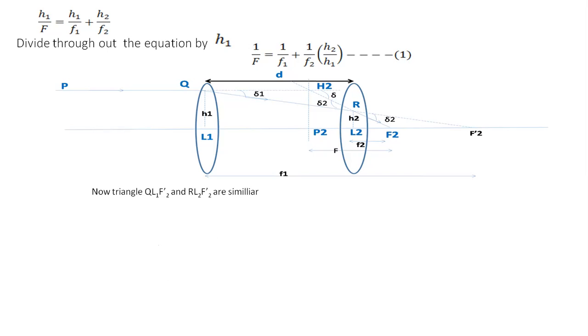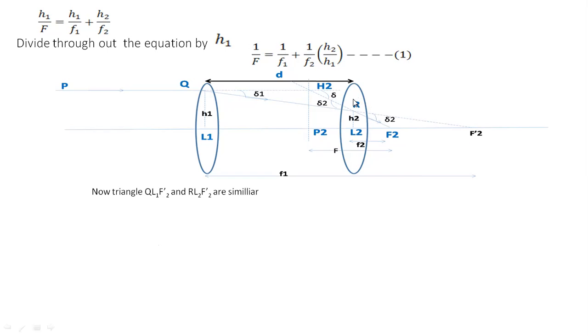Now we have the triangles QL1F2' and RL2F2'. These are the two similar triangles.